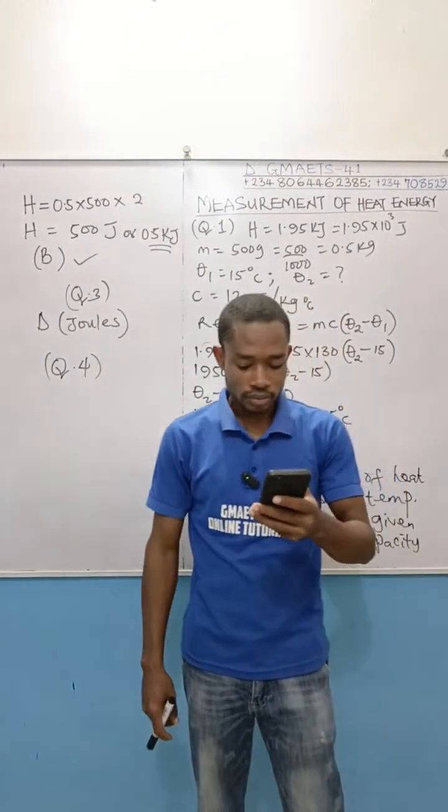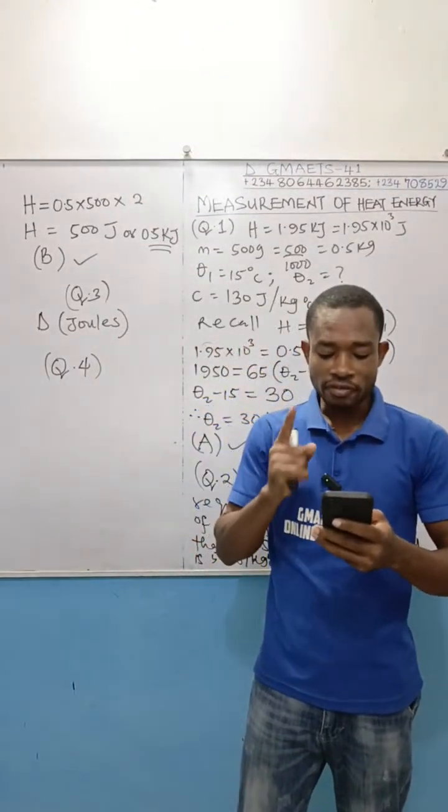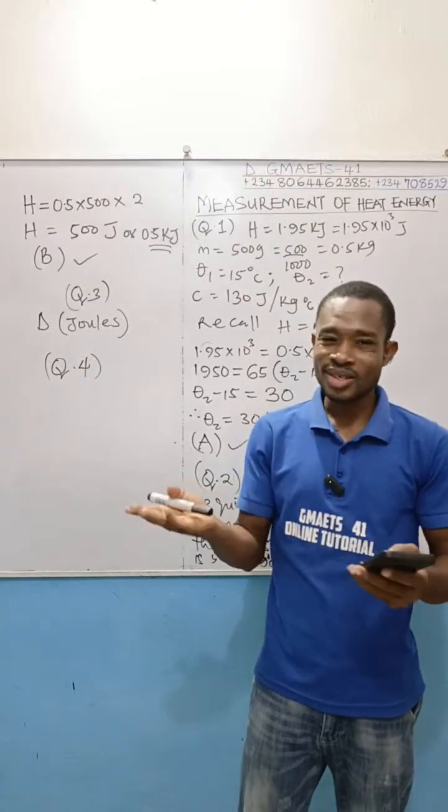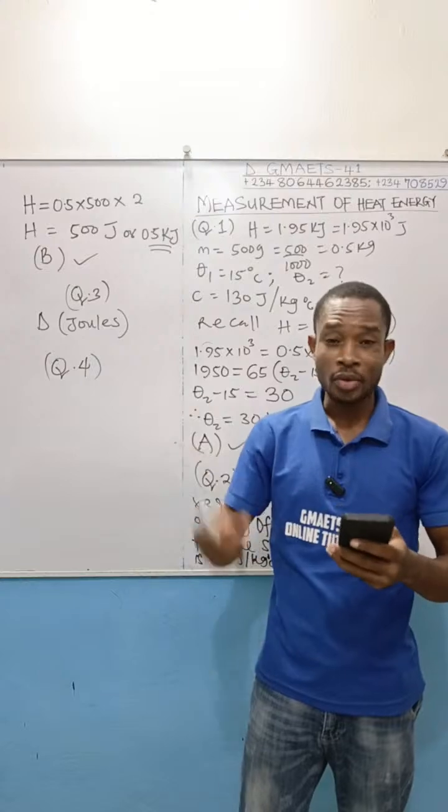Question number 4. A change of temperature of 20 degrees centigrade does not require any calculation, so I won't write it on the board.